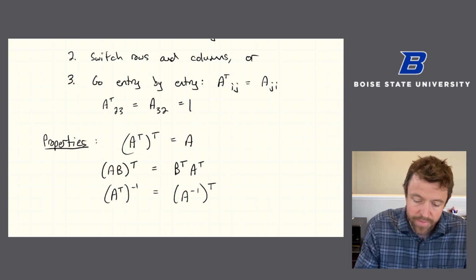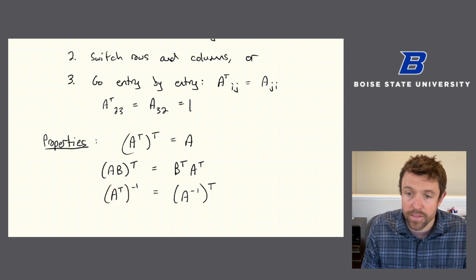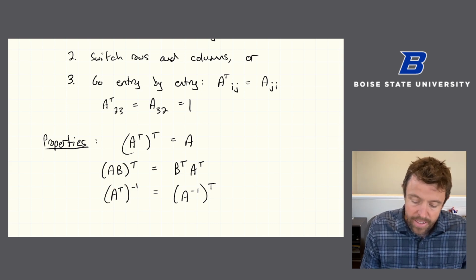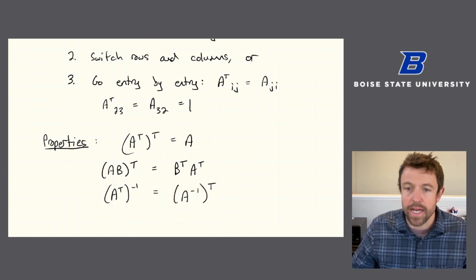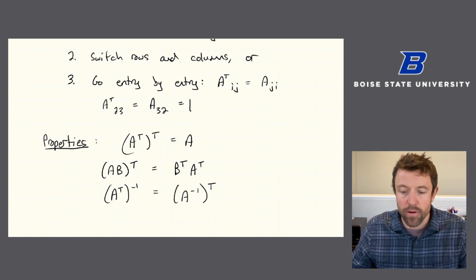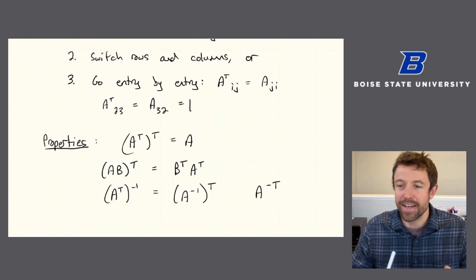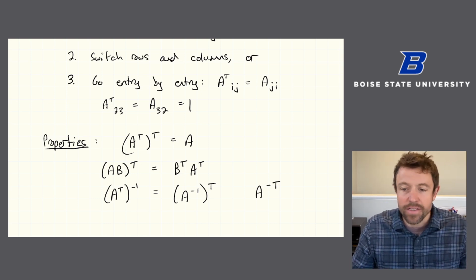So if A is invertible and we take its transpose and then look at the inverse of that matrix, it is invertible for one, and its inverse is just the transpose of the inverse. We probably won't see this in this class, but this is something that shows up a lot for me personally in my own research. And so we'll get sloppy and write things like A negative T, right? Combining the -1 and the T, saying we're taking the inverse and the transpose. Doesn't matter what order you do it in, it's the same thing.